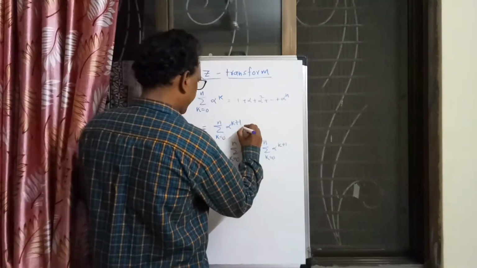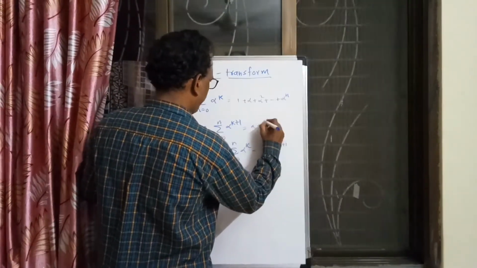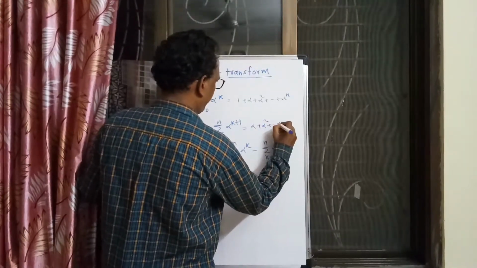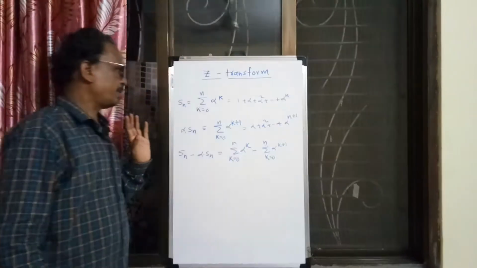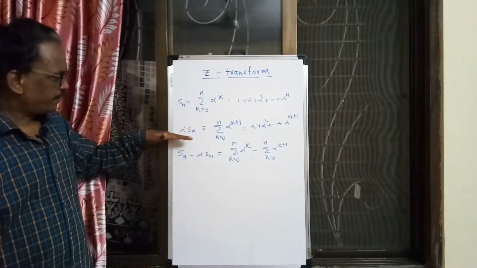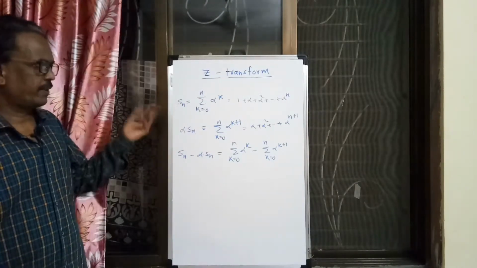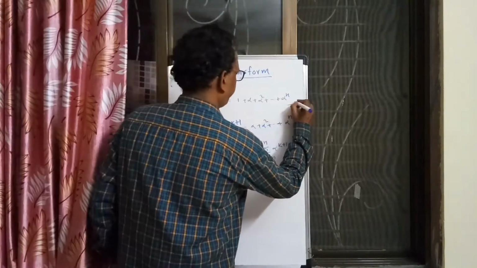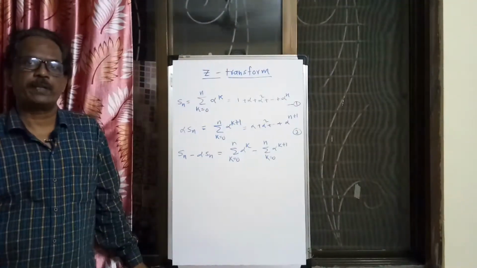If I expand this also, you will get alpha square and alpha raised to n plus 1. Now I am subtracting the second equation from equation number 1. Let us say equation number 1 and equation number 2, so subtract equation 2 from equation 1.